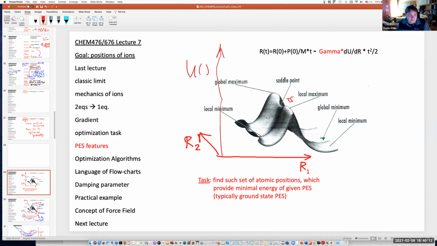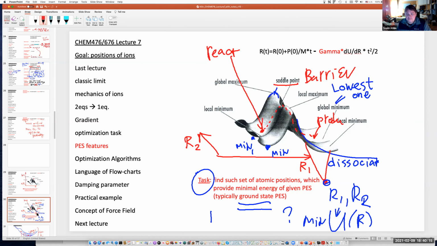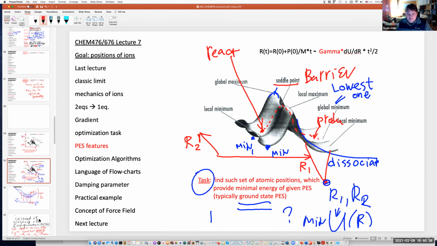These potential energy surfaces are especially important if one describes bond breaking, like one local minimum is reactant before the reaction goes, and the global minimum can be the product after some bond breaks and forms. But since we want to be very simple, just as an example, we will consider optimization in the vicinity of the global minimum, where most potential energy surfaces look like a square function, a quadratic.